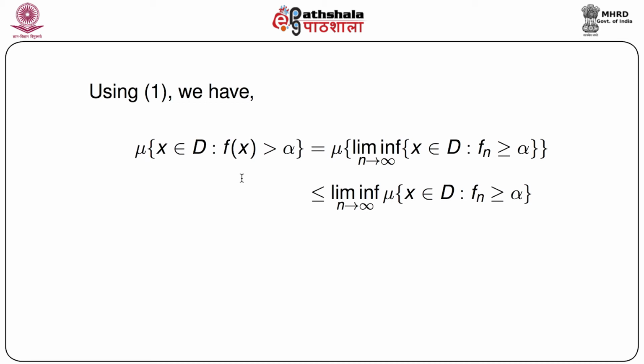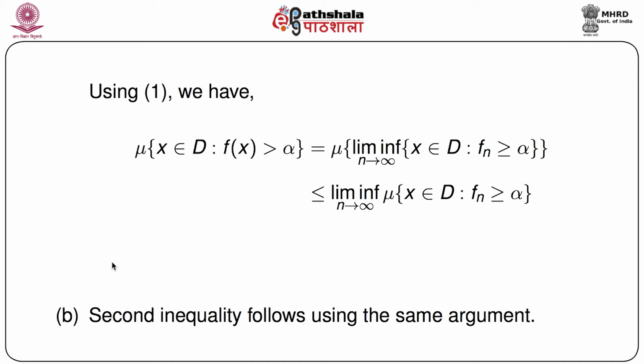So using 1, we can immediately write mu of x belongs to D, f(x) greater than alpha is nothing but mu of liminf of x belongs to D, f_n greater than or equal to alpha, which is less than or equal to liminf of mu of x belongs to D, f_n greater than or equal to alpha. So we can take this liminf outside mu, but there should be an inequality sign here, and that's the proof actually.